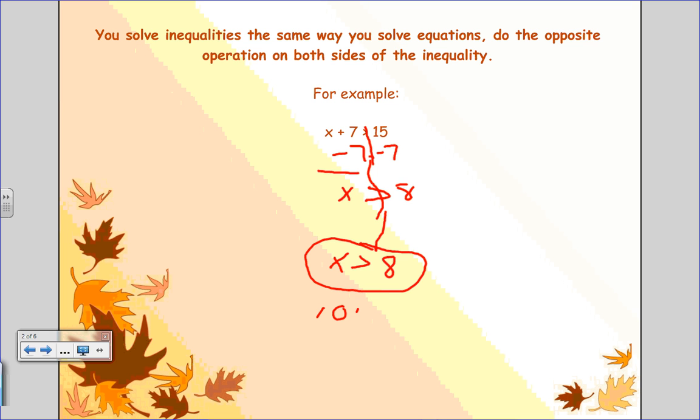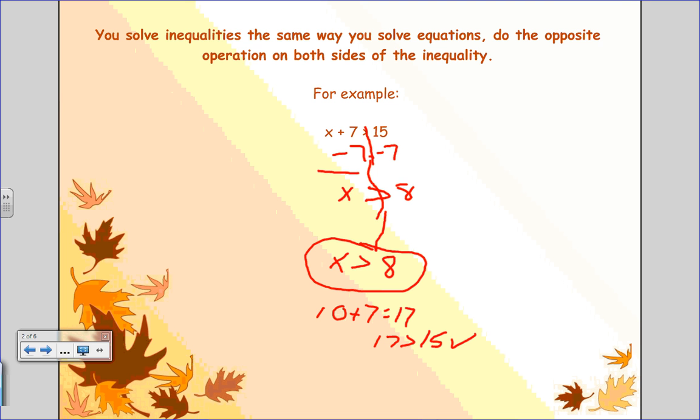And I'm going to plug it in, and 10 plus 7, of course, is 17. And 17 is greater than 15, which is what this statement says. When I plug it in, I should get something that's greater than 15. So that tells me it checks out. Okay?